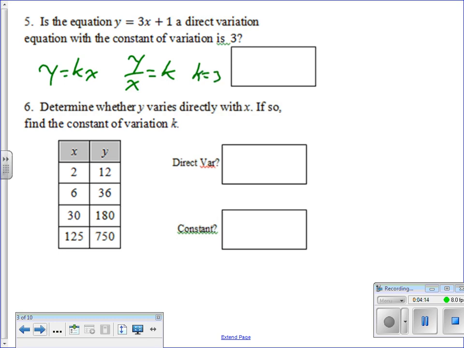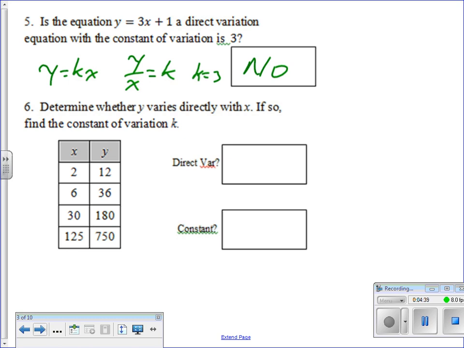Can I take y equals 3x plus 1 and make it look like one of those? No, because of the plus 1. So this is a no. It's a simple question. It's a simple answer. Yes or no. Not, I don't know. Okay.